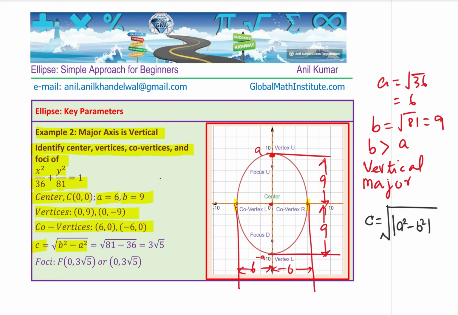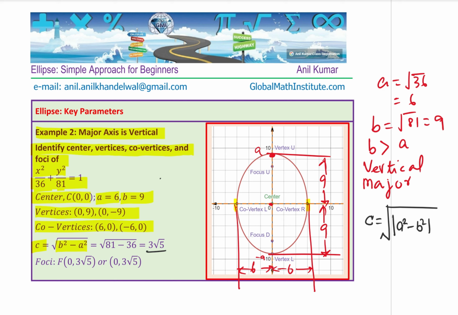Within the square root, it is always positive, and therefore to find the value of c, you take the difference of these denominators, the absolute value, and then square root, and you get c, which in this case is 3 square root 5.